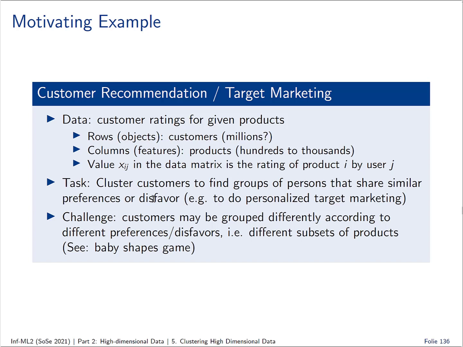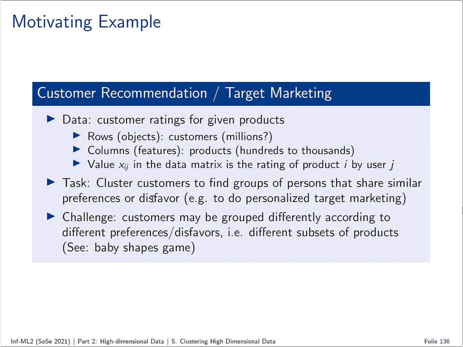For example, then we can do personalized marketing, send all those persons in one cluster some offer that they cannot reject or whatever. So that is the idea. We want to cluster the rows, of course, the customers, the persons, according to similar preferences and disfavors.